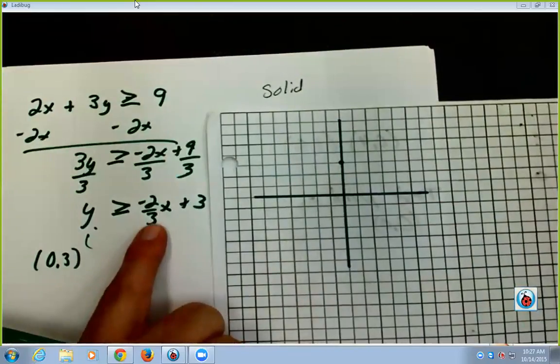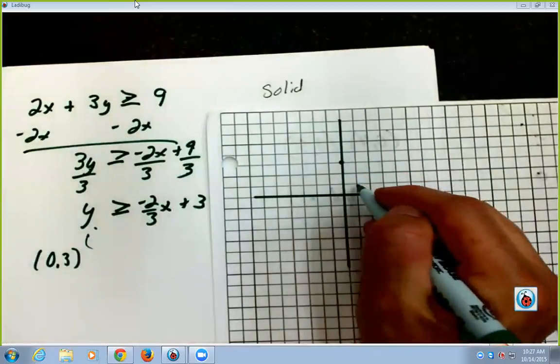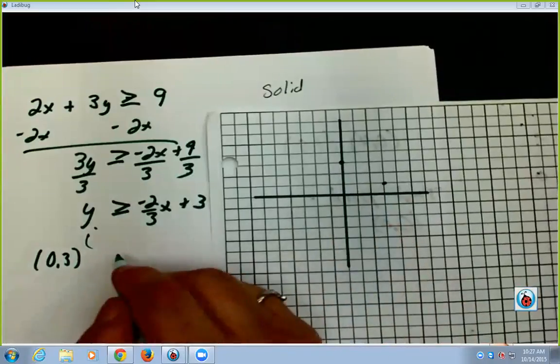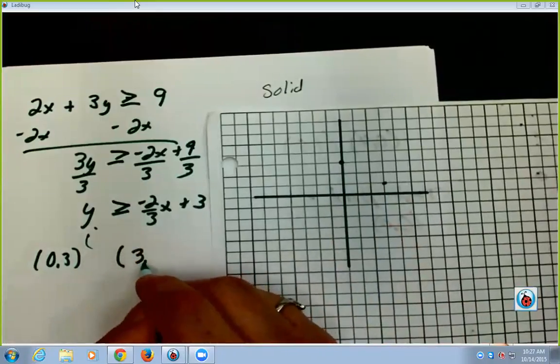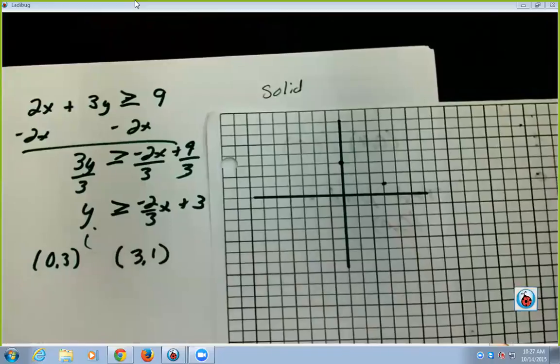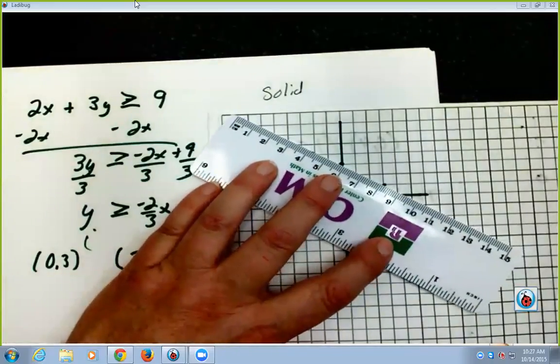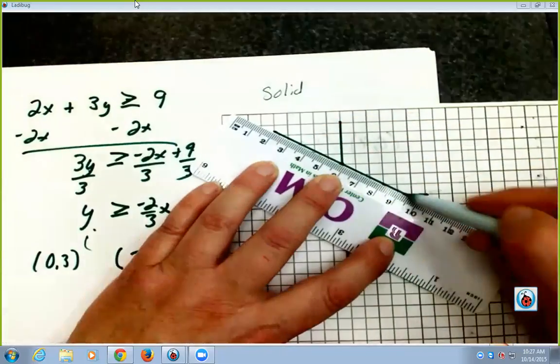My slope says I got to do what? Down 2 and over 3. And where's that point located at? And that is another point that I have. So it's 3, 1, just like the last one I had. And we said our line was solid, so we draw a solid line.